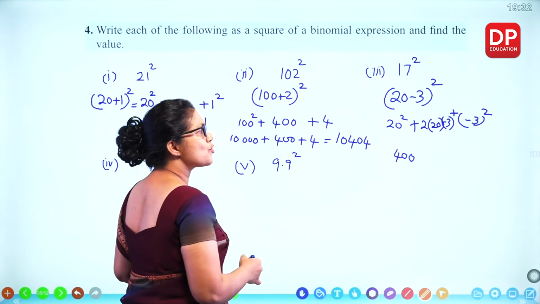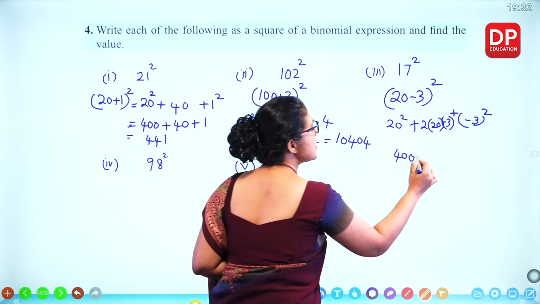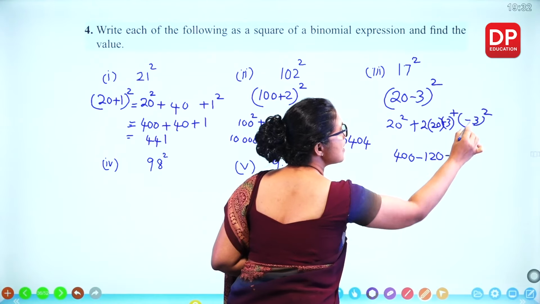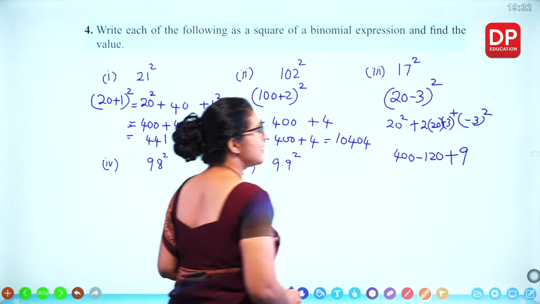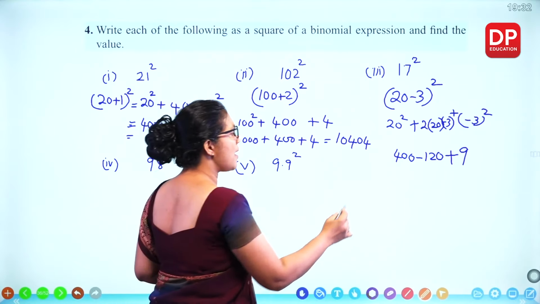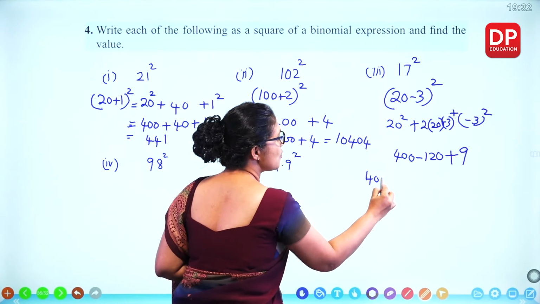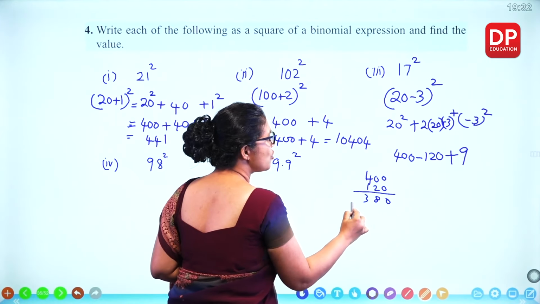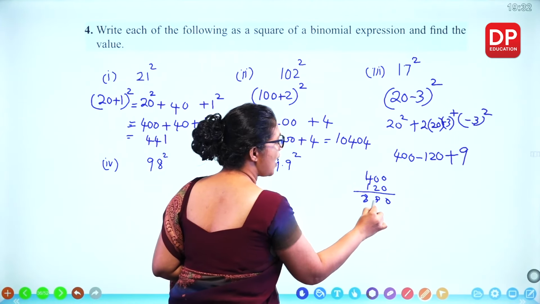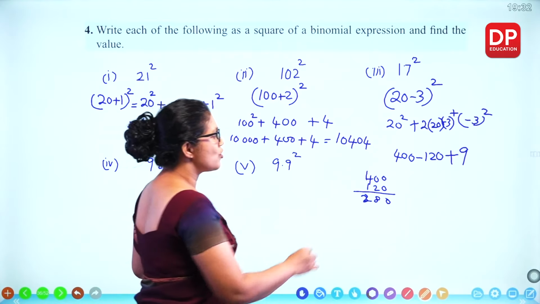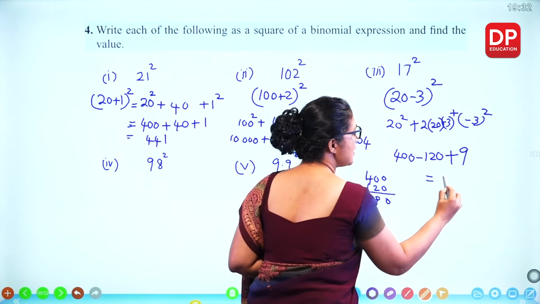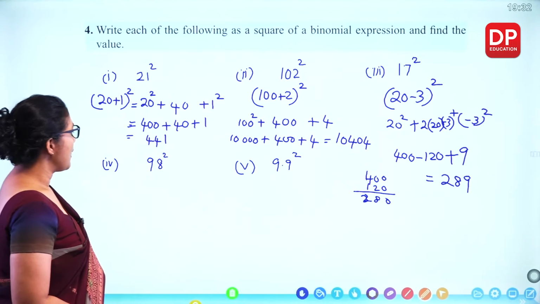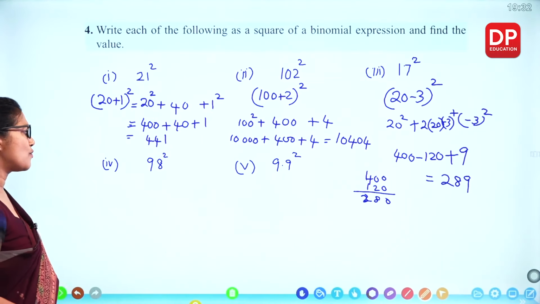Minus 3 times 2, minus 6, into 20 is minus 120, plus 9. So 400 minus 120. What is 400 minus 120? You get 280. So 280 plus 9, 289.